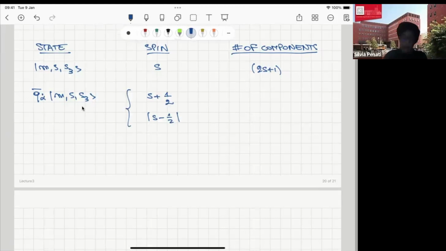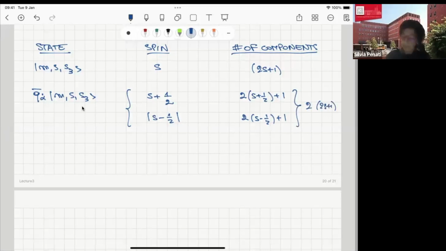In the first case, the number of states will be twice S plus 1/2 plus 1. In the second case, it will be twice S minus 1/2 plus 1, assuming that S is bigger than 1/2. In total, we have 2 times 2S plus 1.